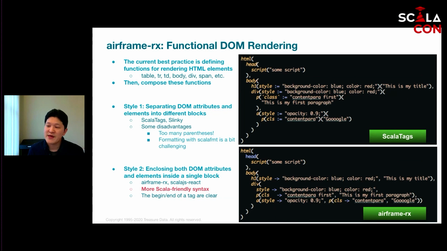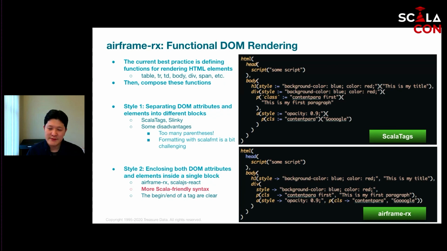One is for embedding DOM attributes like CSS styles. The next block is for embedding text elements and child elements. But this approach has some disadvantages, like you need to write many parentheses in your code, so it's a little bit annoying for the Scala formatter to create a well-nested structure in your editor.